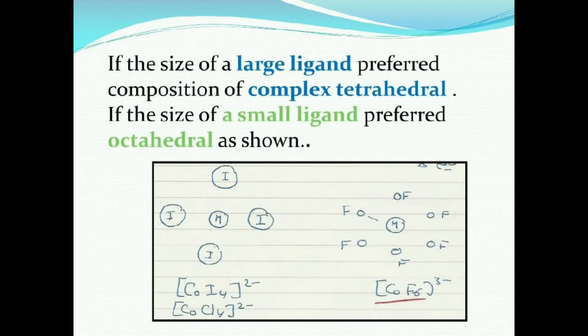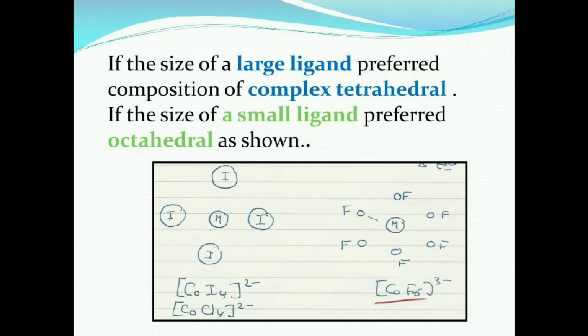If the size of the ligand is large, a tetrahedral complex is preferred; if the size of the ligand is small, an octahedral complex is preferred. Here in the diagram you can see CoI4 2- and CoCl4 2-, the tetrahedral structures. The metal atom is at the center and the 4 ligands are around it.